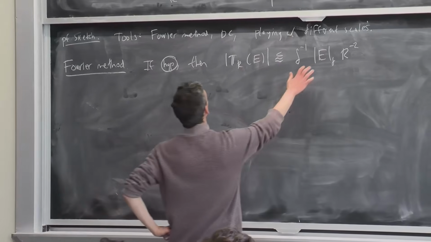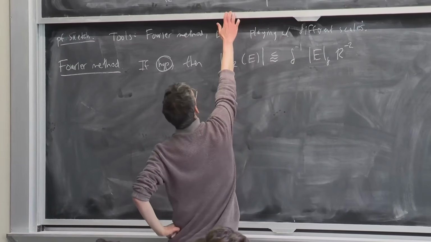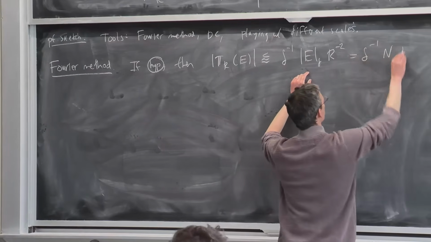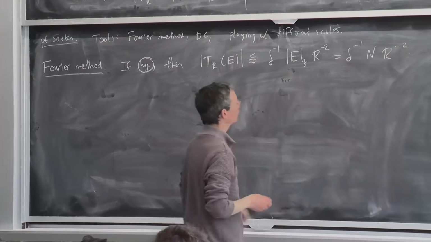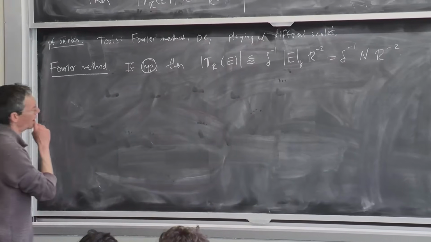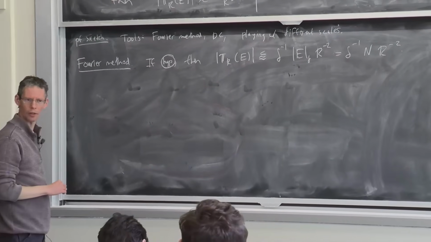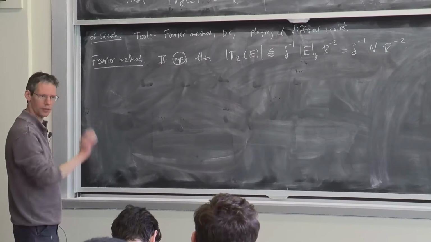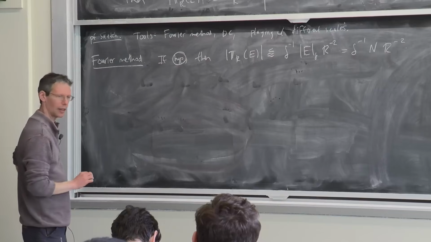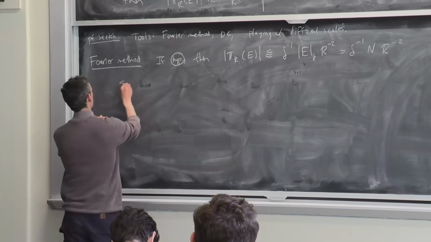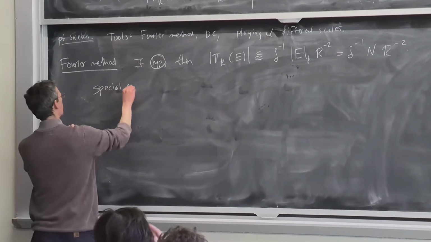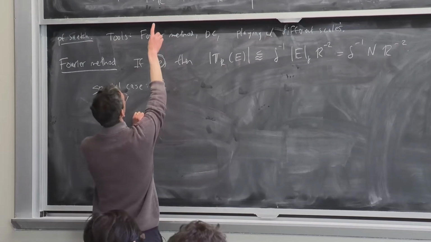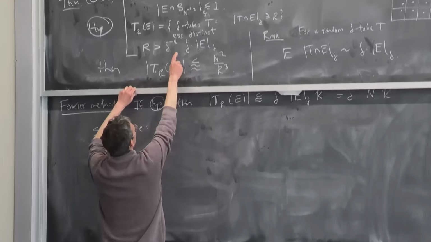Now, how does this compare to our goal? This E delta, by the way, is n. So this is delta inverse n R to the minus 2. Well, it depends on how delta and n and R are related to each other. But there's a particular case where it just gives exactly the right thing. In a particular case, R is the smallest that it's allowed to be.